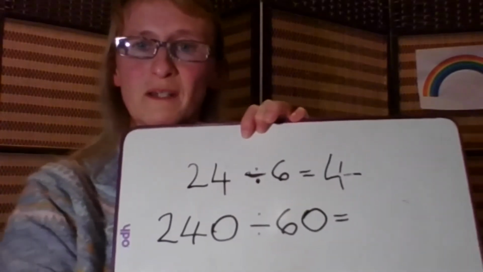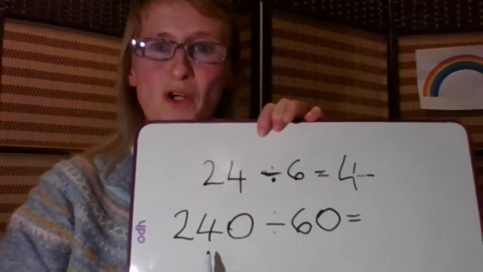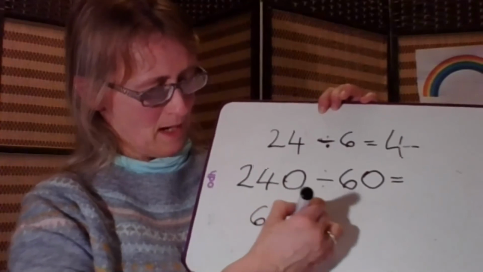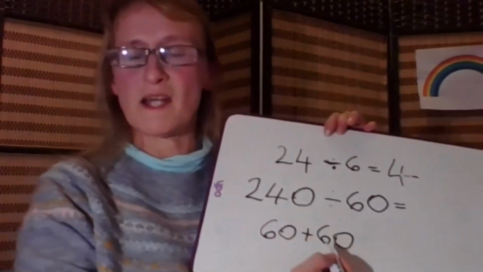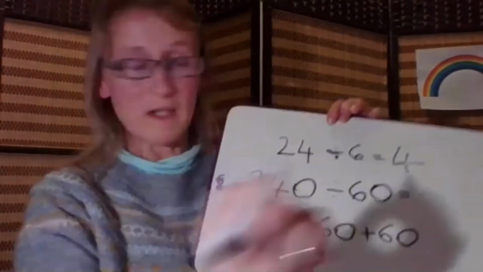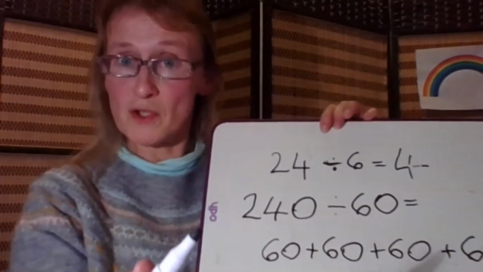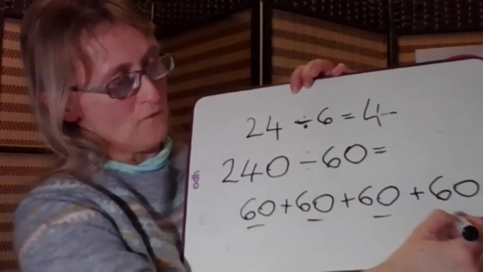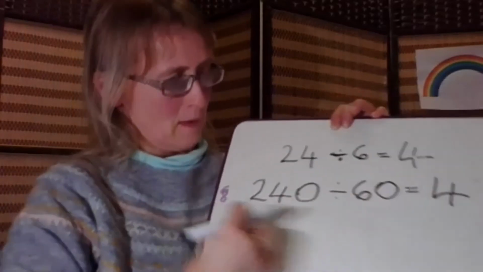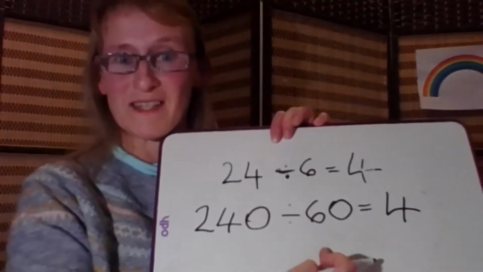Okay, so how many 60s are there in 240? Well, let's see, there's 60, add 60. 60 add 60 is 120. Add 60, 180. Add 60, 240. 1, 2, 3, 4 60s. 4 60s make 240. Not 40 60s.